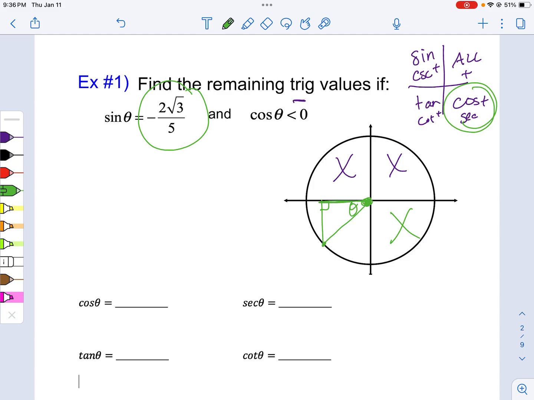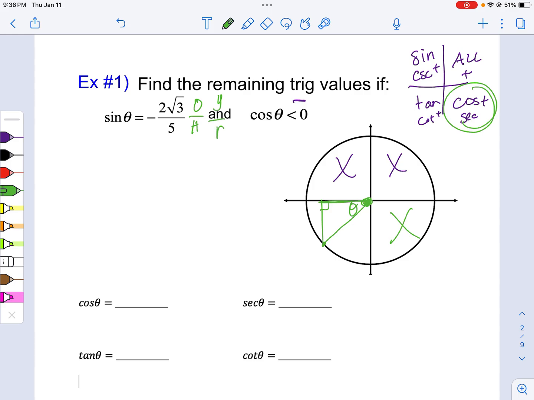All right, so we need to figure out what that tells us about this triangle. Well, the first thing we can look at, going back to geometry, is SOHCAHTOA. We know that sine is equal to the opposite over the hypotenuse, or we can think about the fact that sine is also y over r.